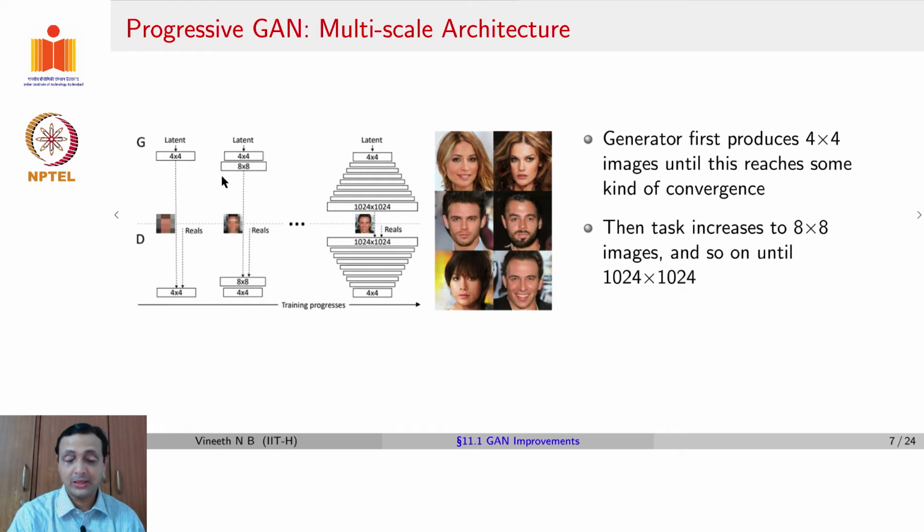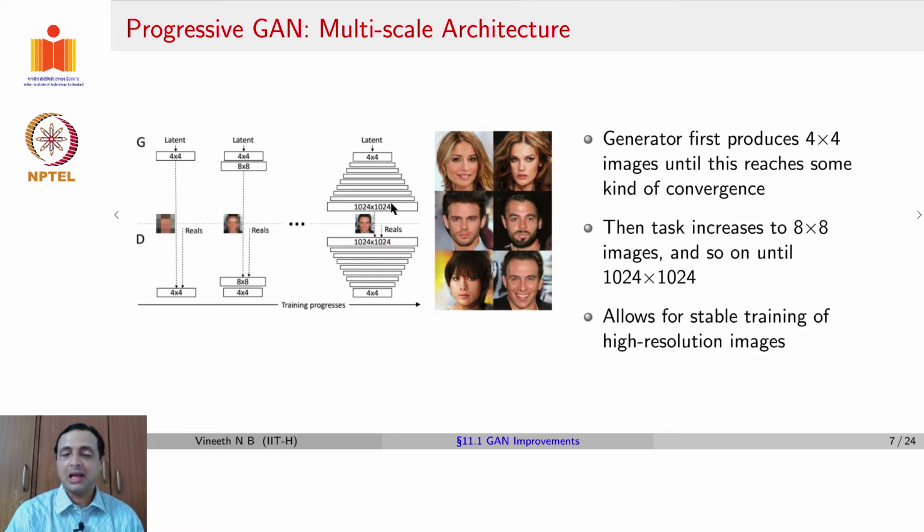You can also notice here that there are some layers added in the generator as well as the discriminator when the next higher resolution is generated. And this is repeated over and over again until we get a final generation of a 1024 x 1024 image. The key idea that this allows is for stable training of GANs for generating high resolution images.